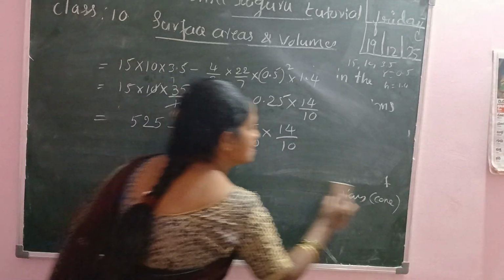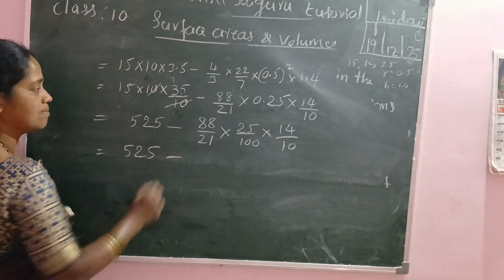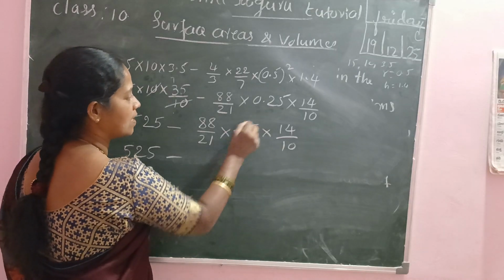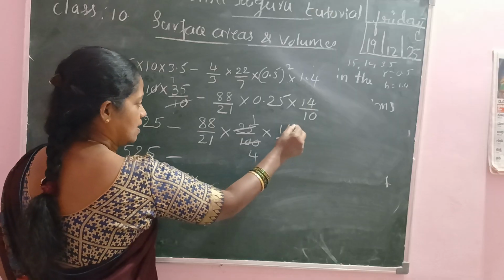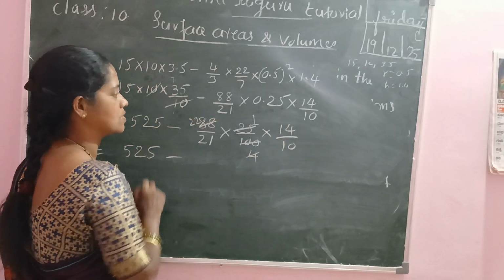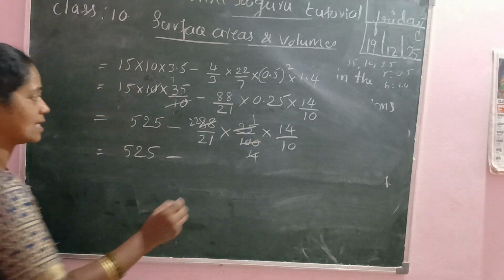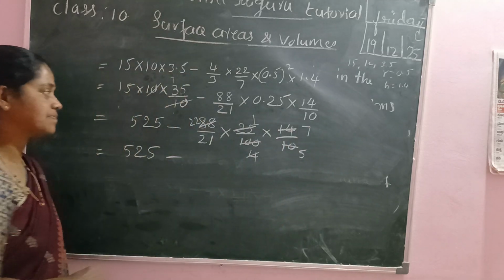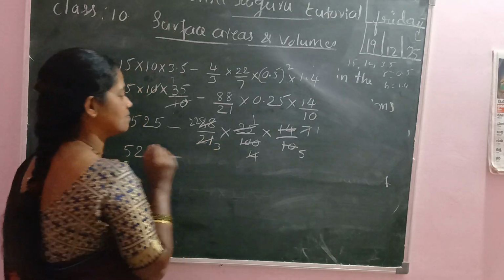So let us simplify the second term. Is there any cancellation here? 25 ones are 25, 4 fours are 4, 22 twos are 2. 2 fives are 10, 7 ones are 7, 3 sevens are 21.